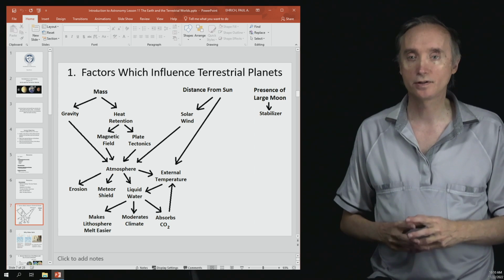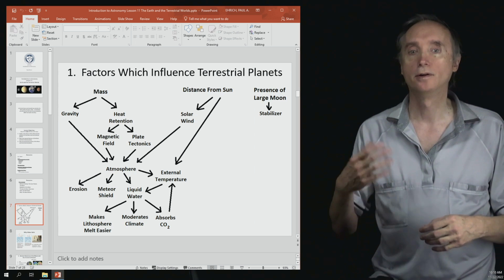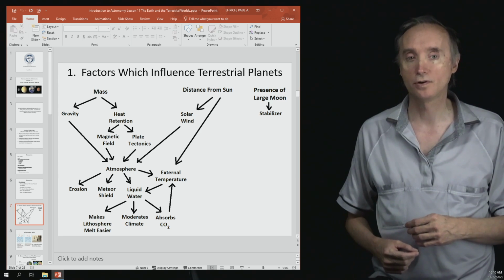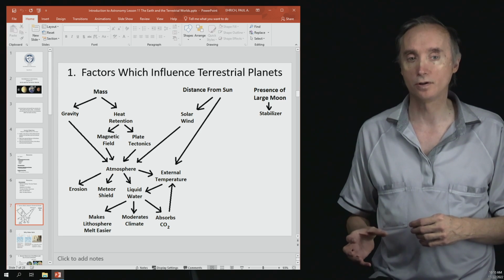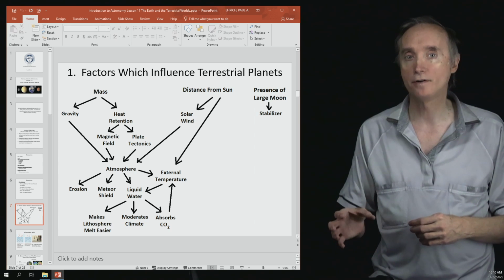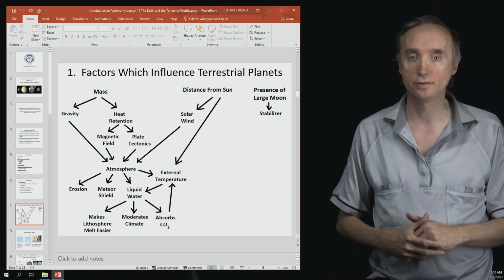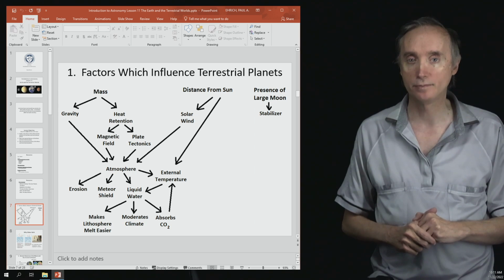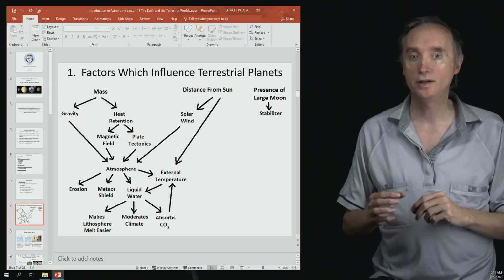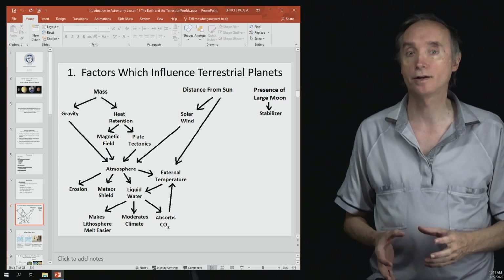This is going to explain, for example, the moon versus the Earth. The moon is much, much smaller than the Earth, so the moon cooled off faster than the Earth did. So what difference does that make? Okay, two things. One is heat causes plate tectonics.